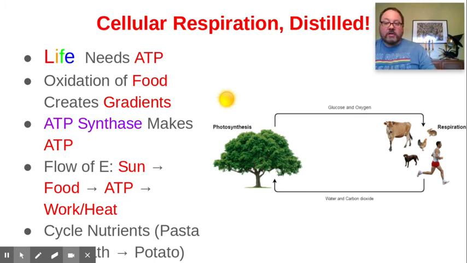Now, nutrients, on the other hand, get cycled. You're made of stuff that's billions of years old. You're just incorporating it into molecules of your body. So we're constantly recycling stuff that's really, really old. You're relatively young, but you're made of stuff that's billions of years old, and you're just combining it in new ways. So you can take pasta, eat your spaghetti, then turn that into CO2 that you breathe out.